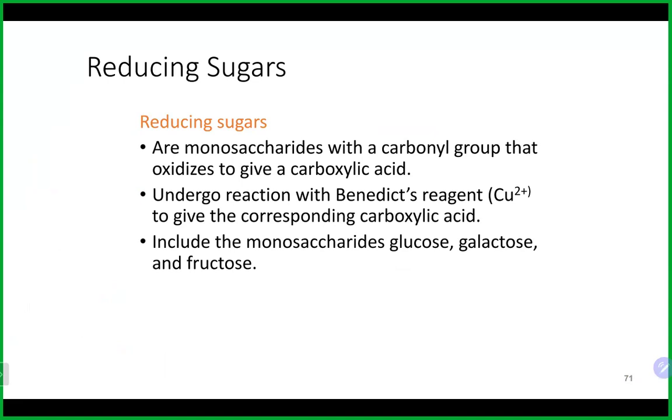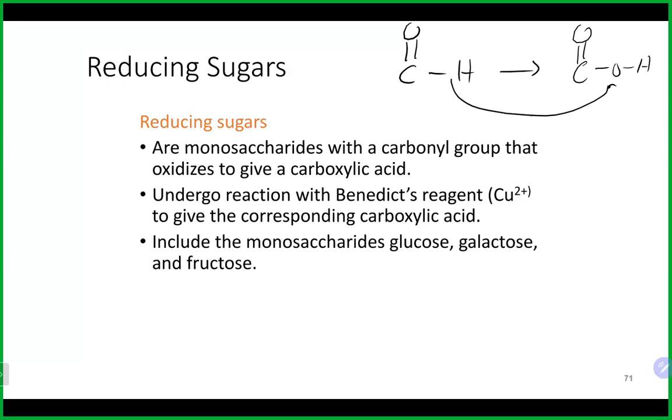This is what's happening, right? It's our aldehyde going to our carboxylic acid, so it's going to be oxidized as it gains the oxygen, and it will reduce our copper from blue to that reddish orangey color that you've seen a couple of times, I think maybe in lab as well.